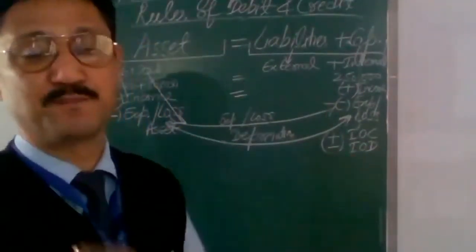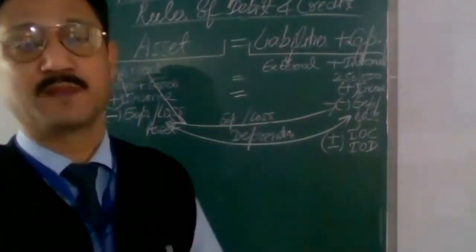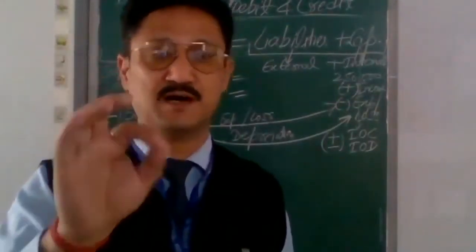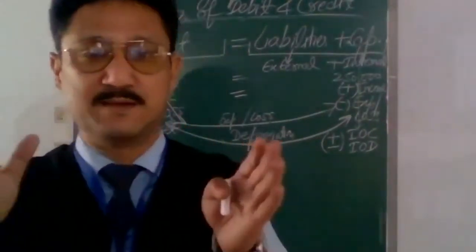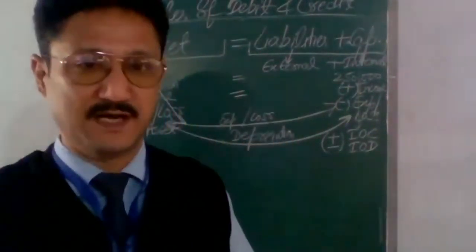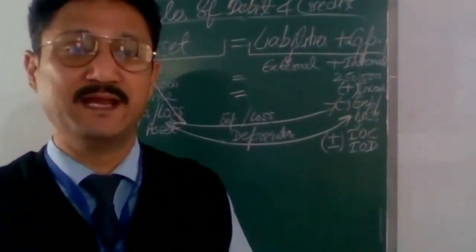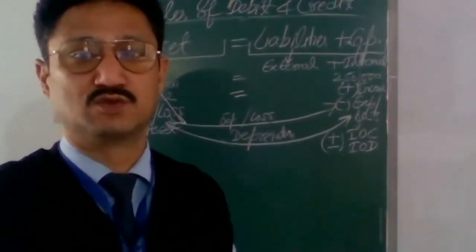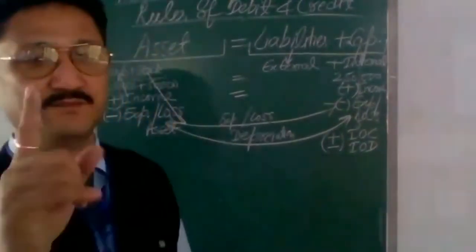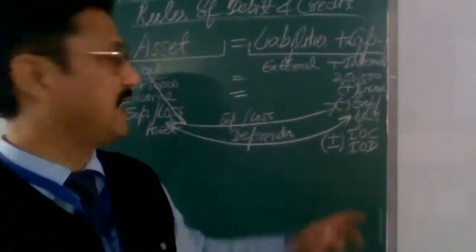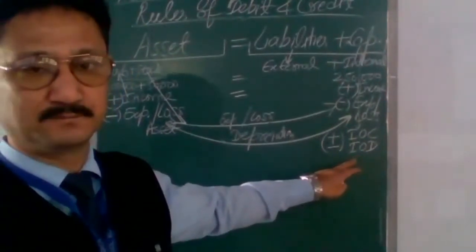Same is the case with interest on drawing, which is an income for the firm. Because if the proprietor withdraws some money from the firm, he has to pay interest on it. So when the proprietor pays interest, it is an income for the firm. It should be added to the capital.